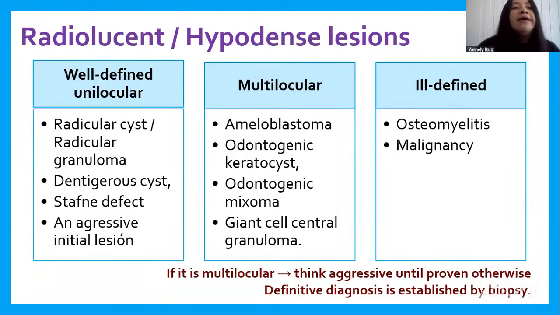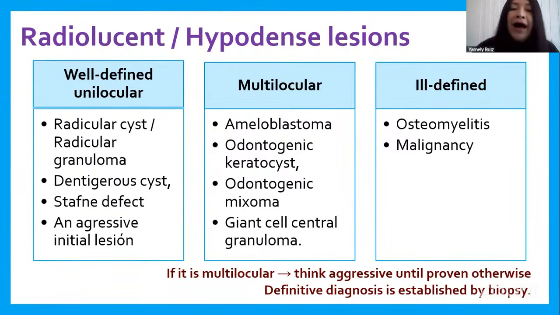The first one are well-defined unilocular radiolucent or hypodense lesions. In this group, we have some entities like radicular cyst or radicular granuloma, dentigerous cyst, the Stafne defect, and an aggressive initial lesion. The second group are multilocular radiolucent or hypodense lesions.